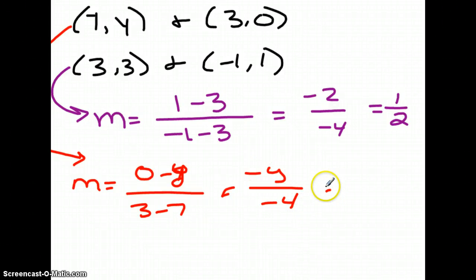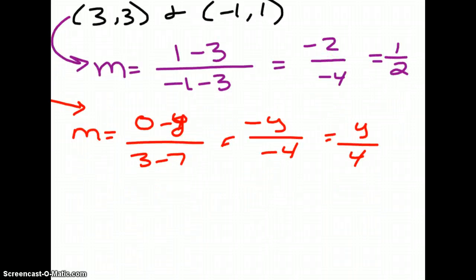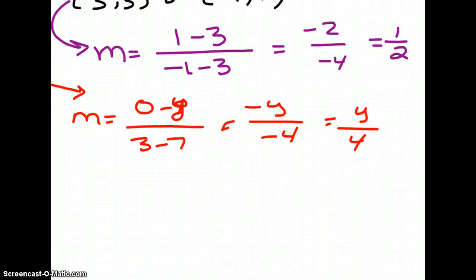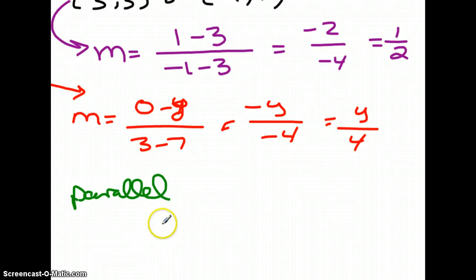Cancel the two negatives and I've got y over 4. Again, because we're trying to find when these two lines are parallel, parallel means they should have equal slopes, the same slope. So I would set up the equation y over 4 equals 1/2, and then solve for y.